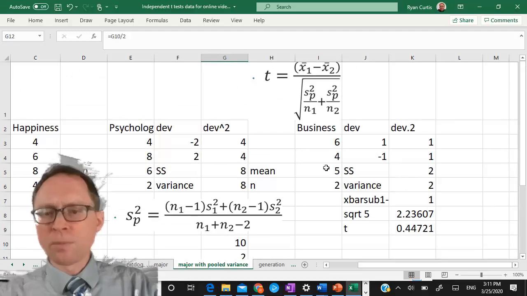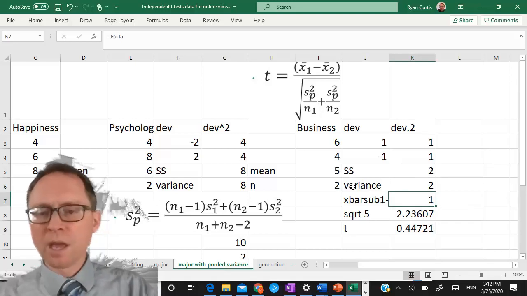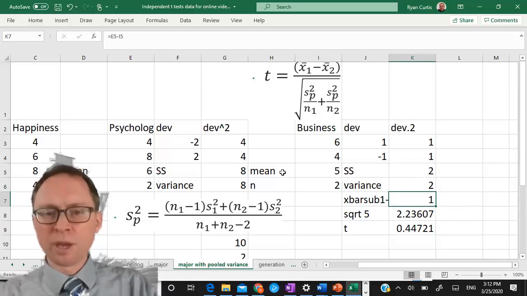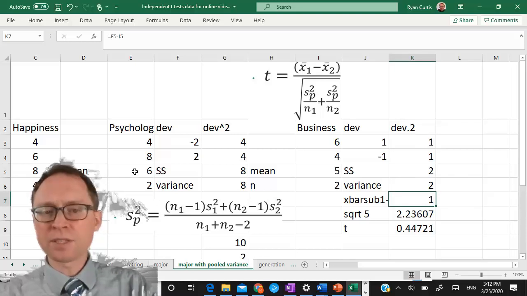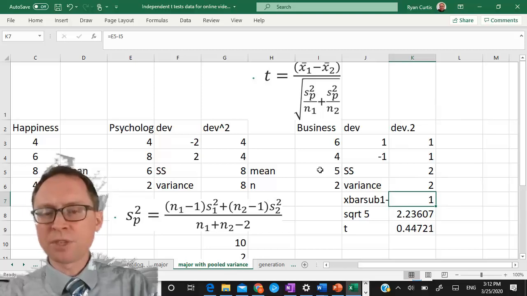Okay? So we've already calculated some of this. If you remember over here, this is x bar sub 1 minus x bar sub 2. So x bar sub 1, that is the mean of psychology, that's 6, minus x bar sub 2, that's the mean for business major, that's 5. So 6 minus 5 is 1.